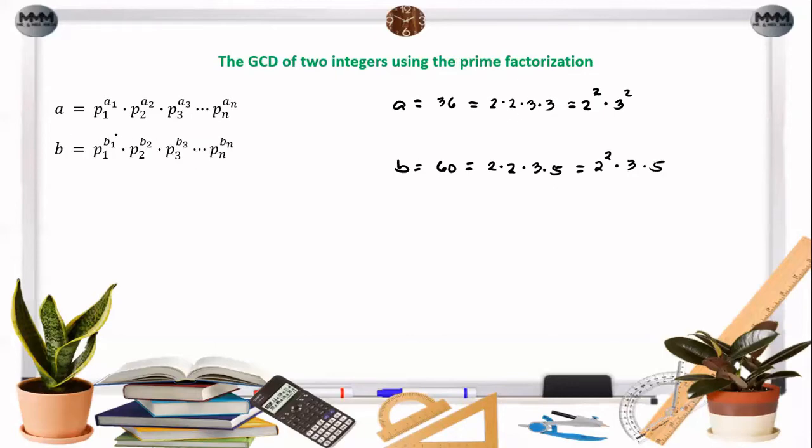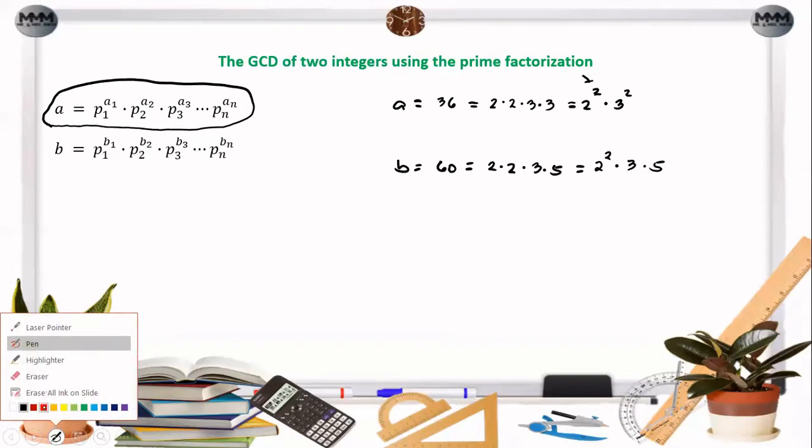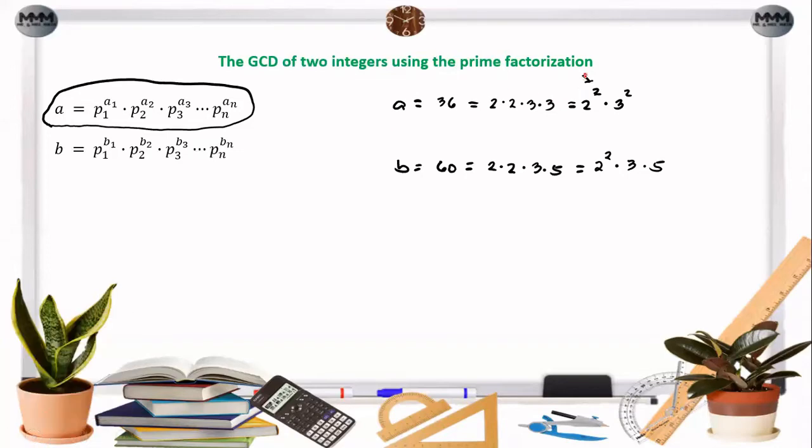Now here, using this representation, we have the exponents a1, a2, a3 up to an. Now here we can denote a1 equals 2, and a2 equals 2.